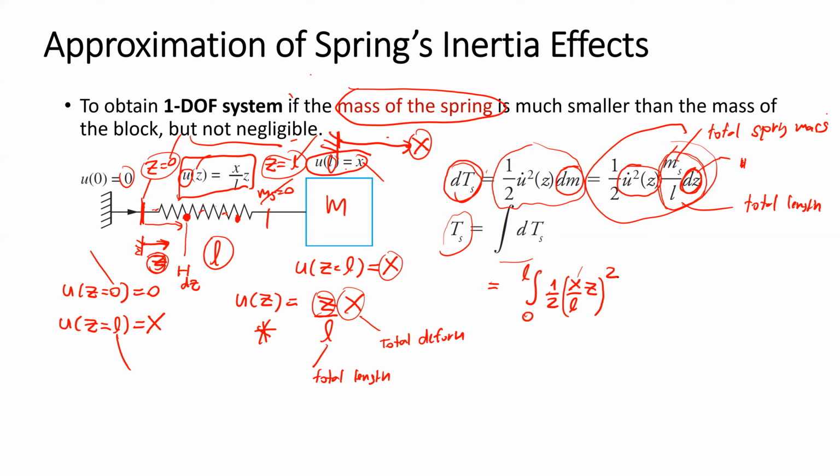And what next? The mass of the spring divided by the total length of the spring, and dc. The integral of this: the constants we can bring out of the integral, so we have 1/2 times the constant mass of the spring, length of the spring, constant, and the displacement.